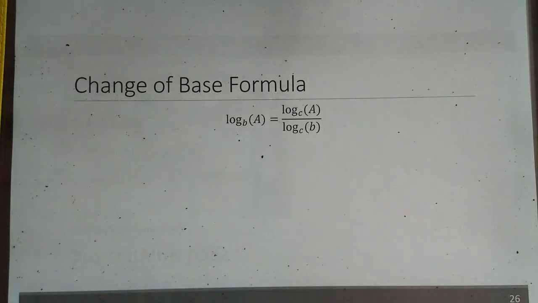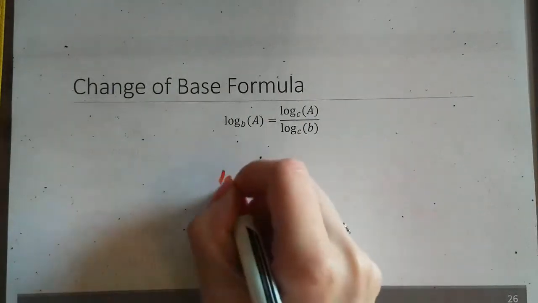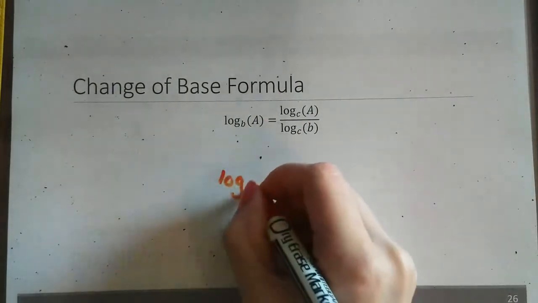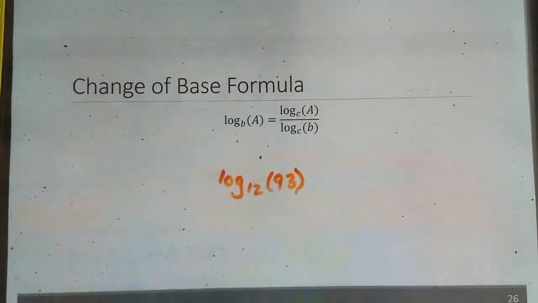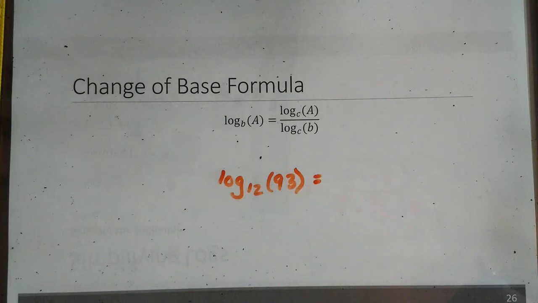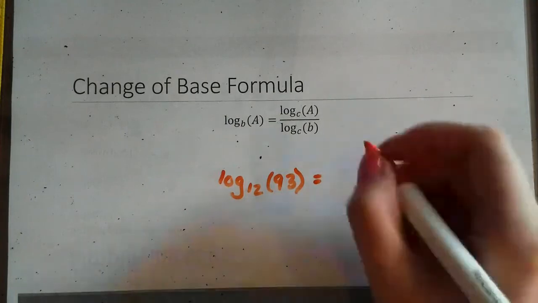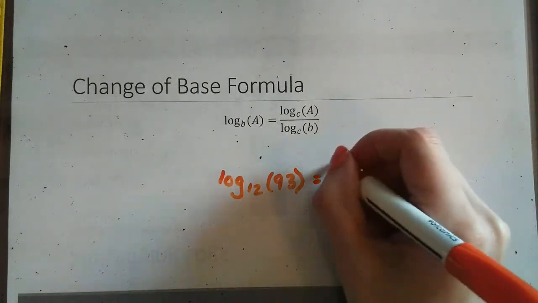So if we have something like log base 12 of 93, something really weird, then I can change this log to be any base I want. My calculator does common log and natural log, so I can choose either one. Let's do common log first.